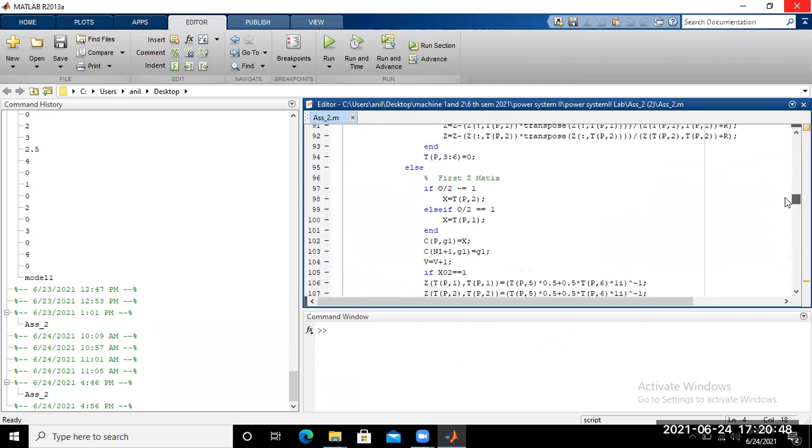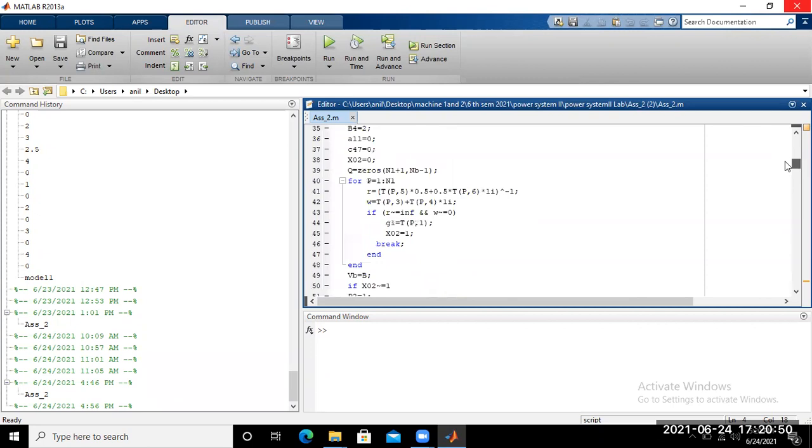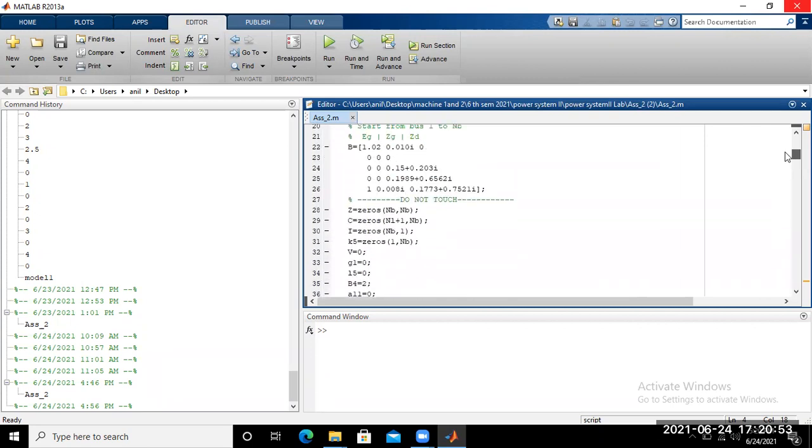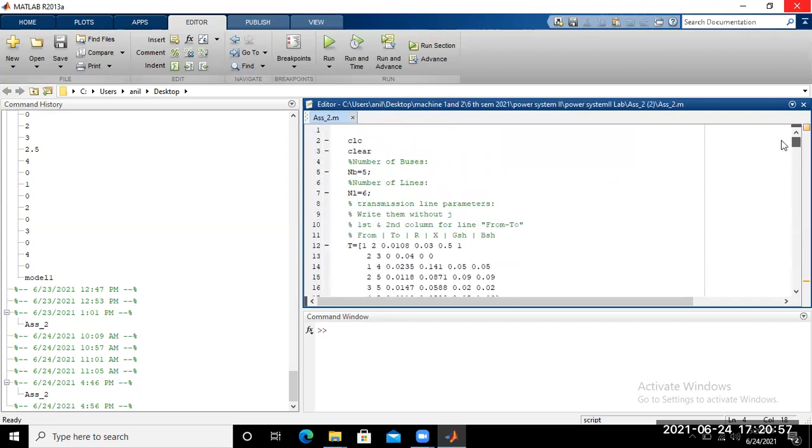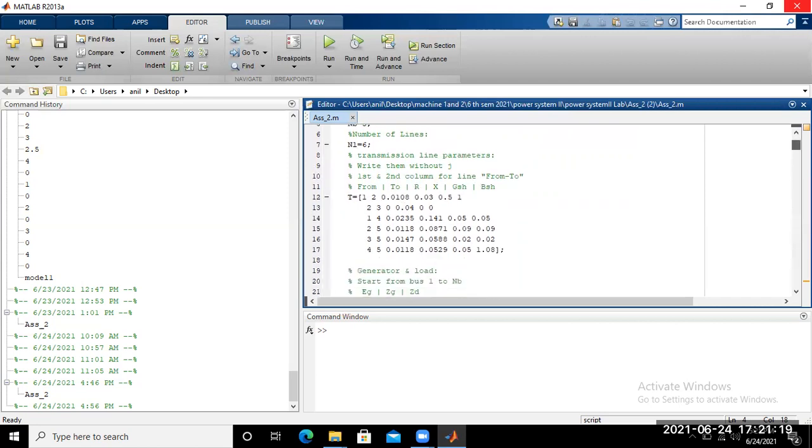Okay, so for this particular value of transmission line parameters, we obtain the Z matrix for this 5 number of buses, number of lines 6, and transmission line parameter is more important. That means for the connection between the bus number 1 and 2, 1 and 4 parameters. Okay, so all the parameters are already mentioned here.